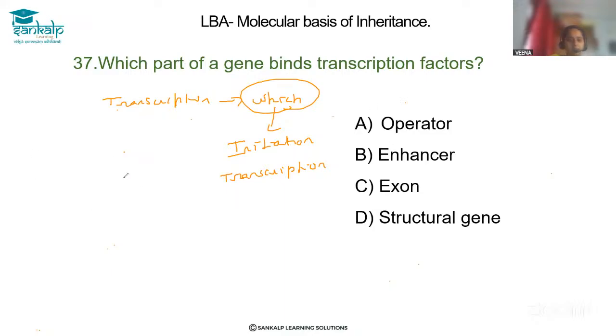So in the transcription process, what are they doing? From the DNA, they are forming an mRNA strand. Okay. So here it is DNA, here mRNA. During transcription, it recognizes the promoter sequence.